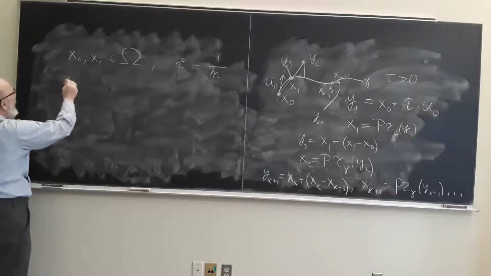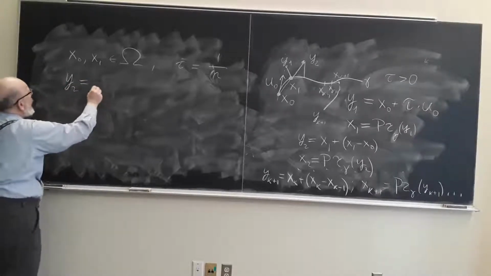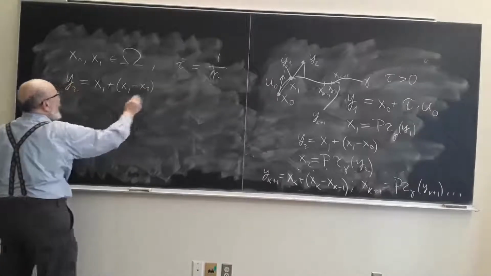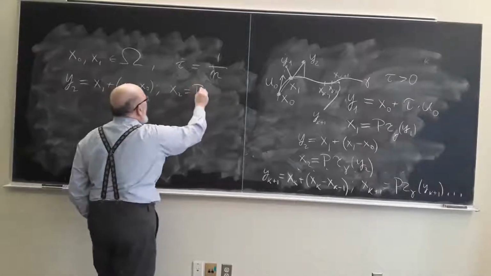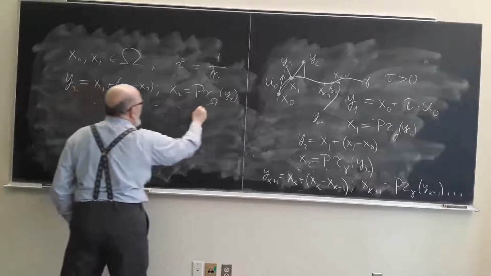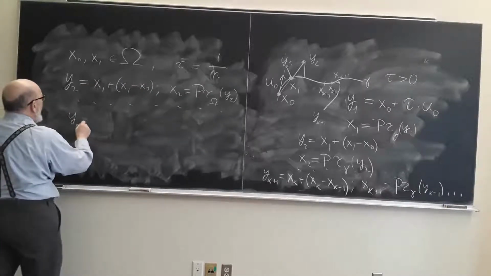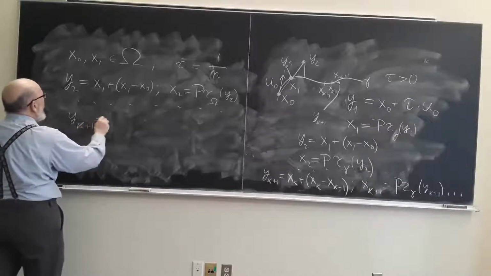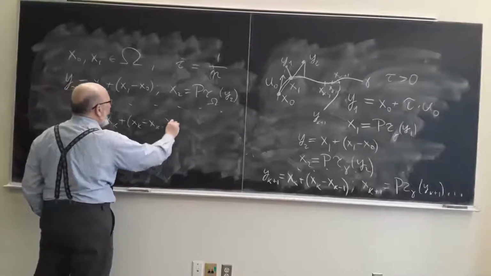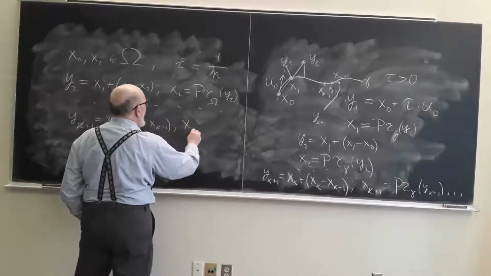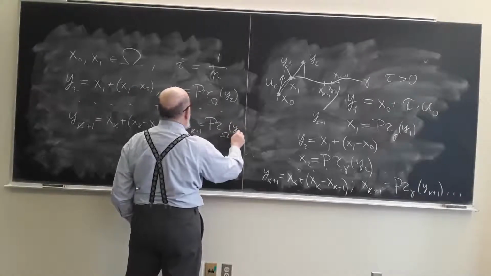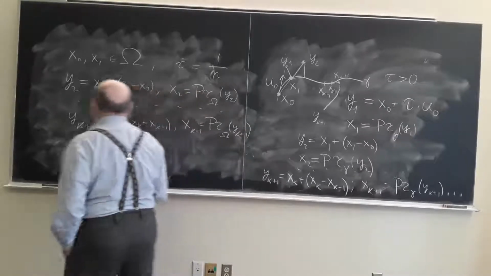And we write y2 equals x1 plus x1 minus x0. x2 is the projection on omega of y2, and so on. y_{k+1} equals xk plus xk minus x_{k-1}, x_{k+1} is the projection on omega of y_{k+1}, and so on.